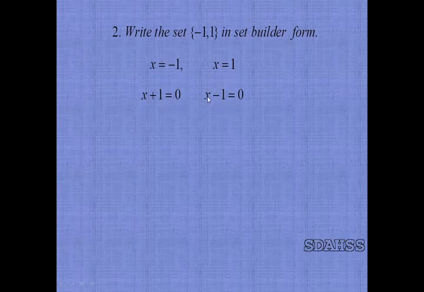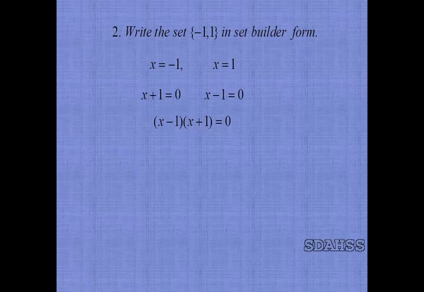Now, combining these two factors, you have x minus 1 into x plus 1 equal to 0. This is of the form a minus b into a plus b, which we can write as a square minus b square.